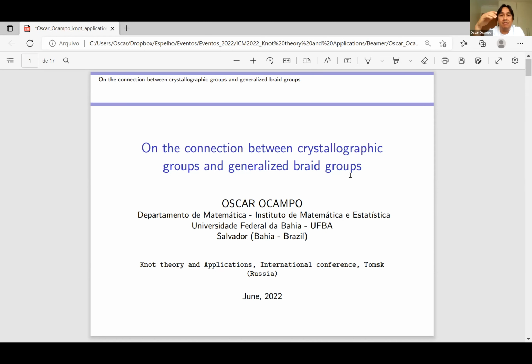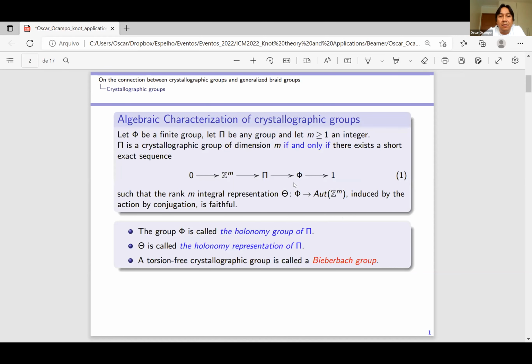After that, some people generalized the notion of crystallographic group. Here we shall use this algebraic characterization of crystallographic groups, which for our purpose is very useful.